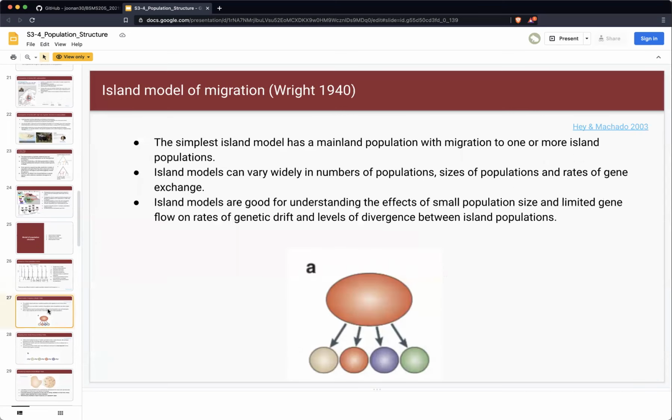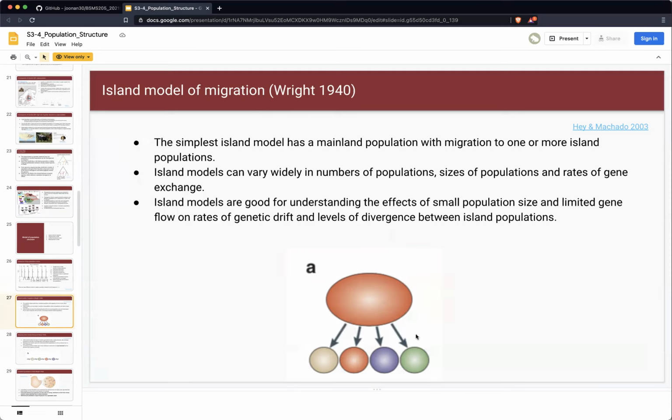So the first and easiest model is the island model. This is proposed by Wright, and this is one of the simplest ways. There was a large population, and several subpopulations migrate to each part, right?